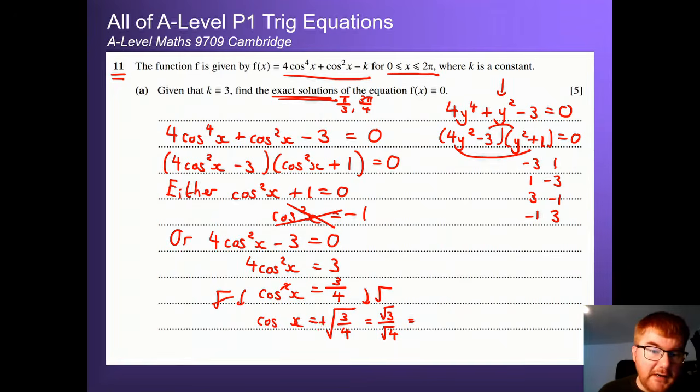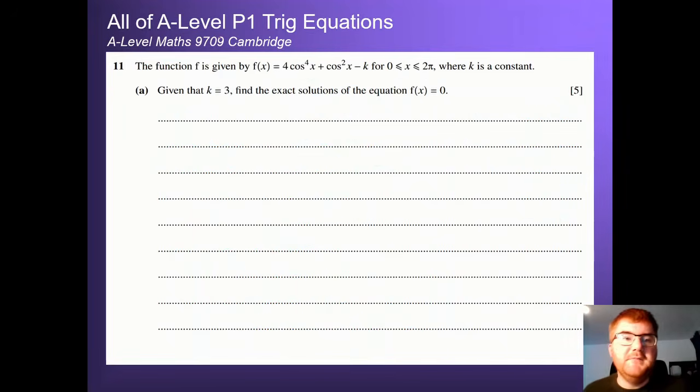Notice there should be plus and minus, which we'll talk about in a moment. And therefore, we're going to get the square root of 3 over 2. And don't forget, we have the plus minus here as well. So we have two solutions, plus root 3 over 2 and minus root 3 over 2. So let me pop that over here.